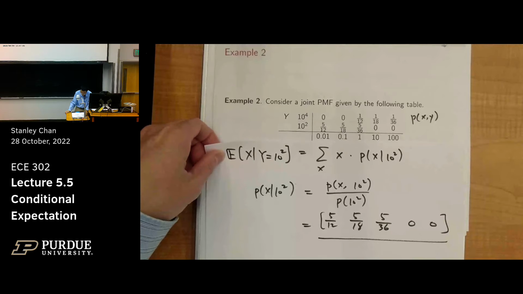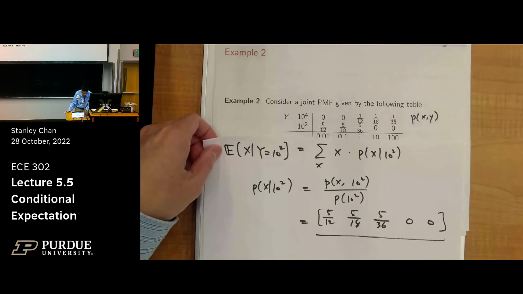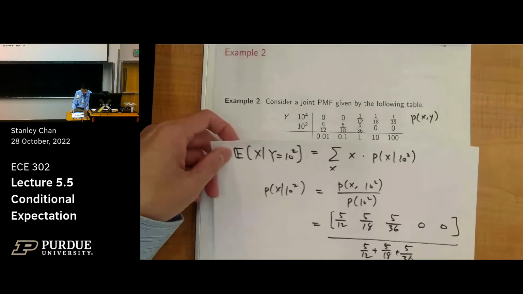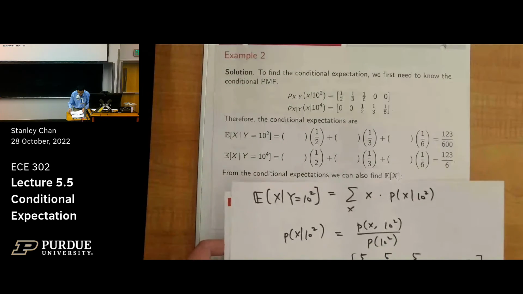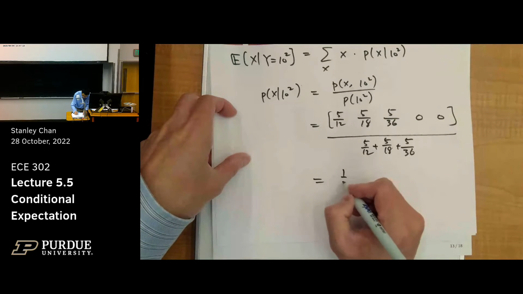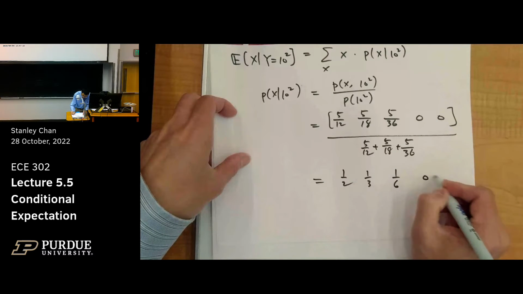Divide by the marginal. The marginal will just be the sum of these 3 numbers, right? So you have 5 over 12 plus 5 over 18 plus 5 over 36. So let me see what the 3 numbers are. You get 1/2, 1/3, and 1/6, 0 and 0.